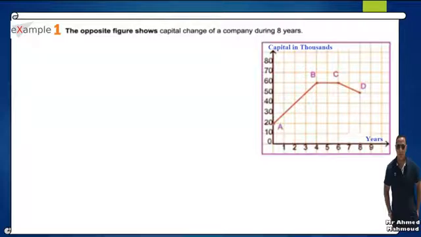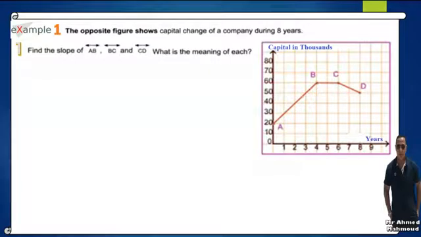Now, what do we need? The first requirement: find the slope of AB, BC and CD and what is the meaning of each of them. First, to find the slope of AB, I need to find the coordinates of each point. I will write the coordinates here. Point A is 0 and 20.